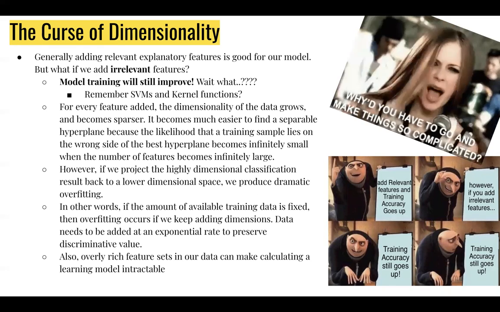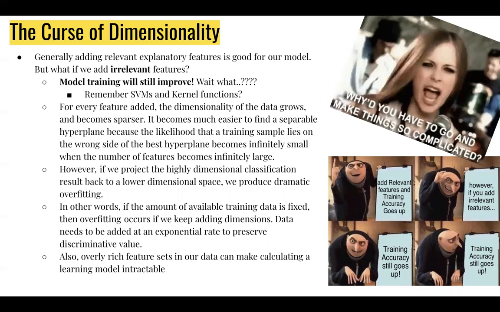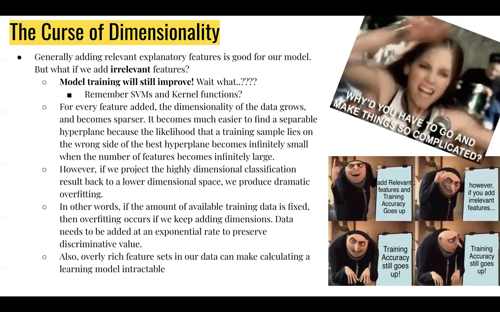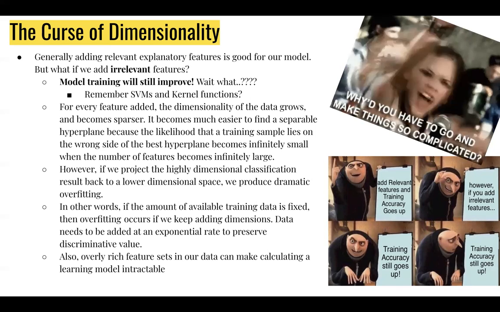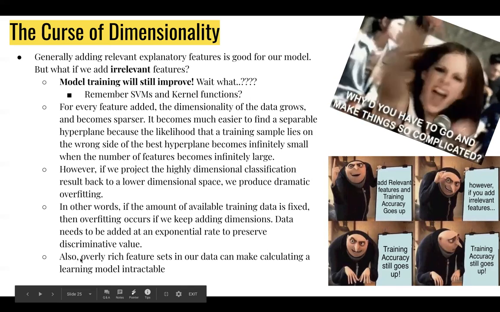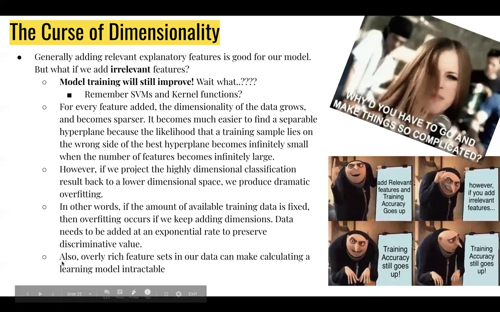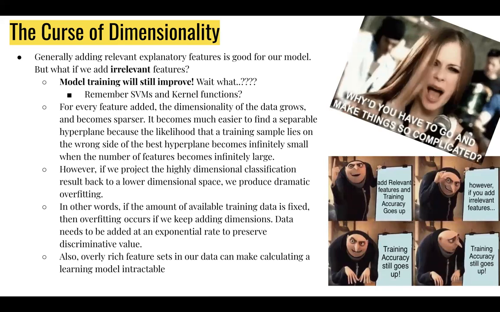And that's not even a particularly big data set. But if we allow not only our rows, but our columns to get overly complicated, that can make a learning model intractable to calculate.